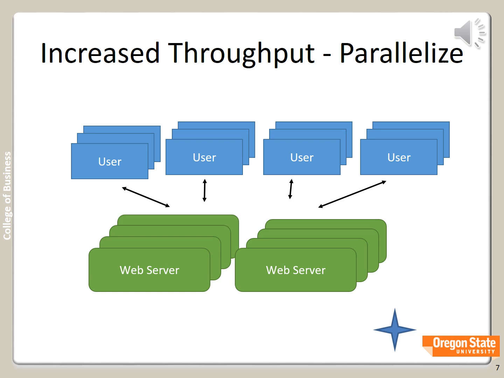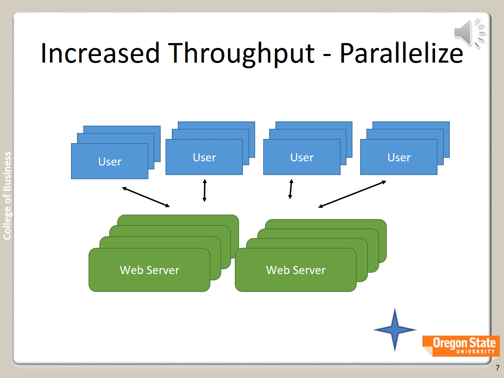If the cost, in time delay, associated with routing each user to a particular web server can be kept low, and it can be kept low, many servers can work side by side in parallel. Each server is talking to a subset of the currently active users.